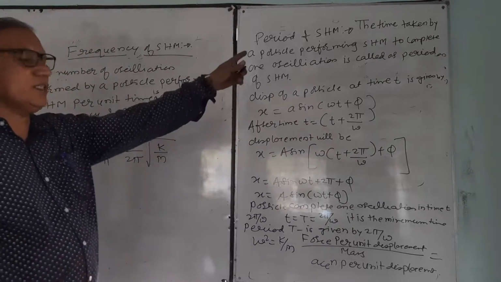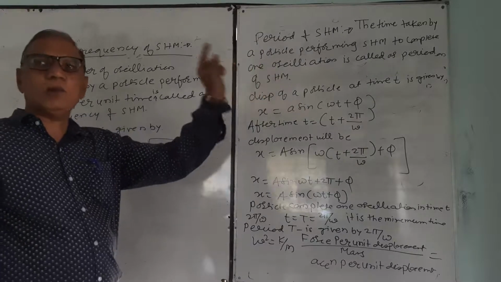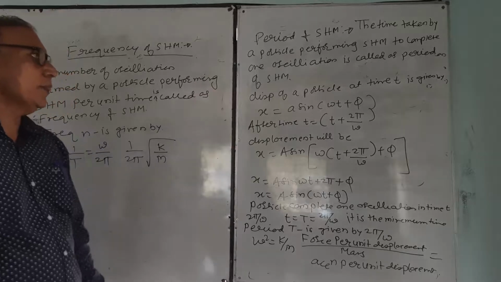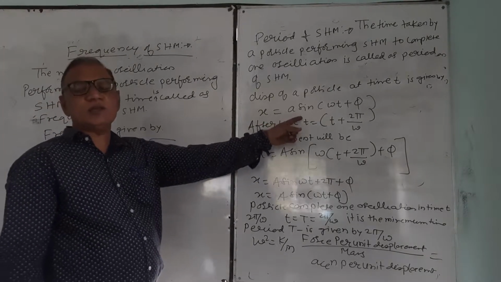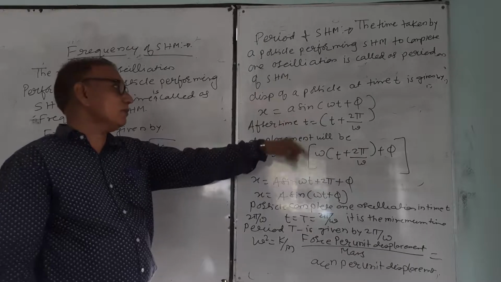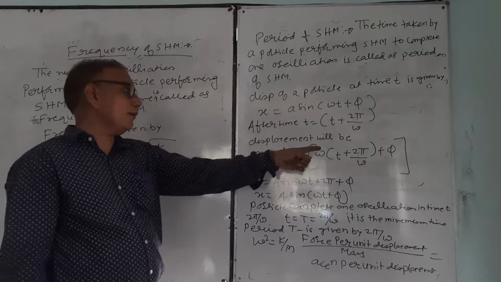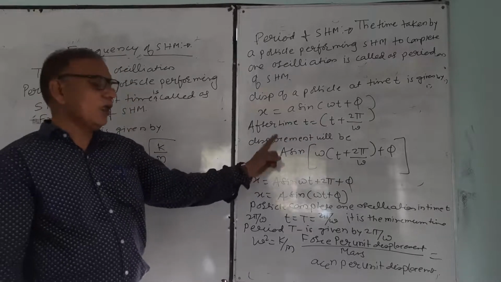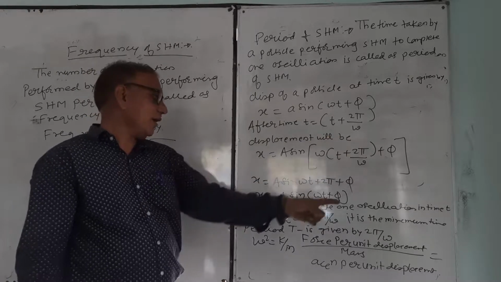Secondly, period of SHM. Time taken by a particle performing SHM to complete one oscillation is called the period of SHM. The basic equation for displacement is x is equal to a sin of omega t plus phi. After time t is equal to t plus twice pi by omega, substitute this value: x is equal to a sin of omega into t plus twice pi by omega, plus phi.